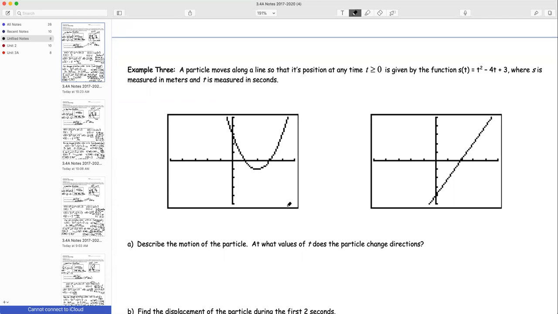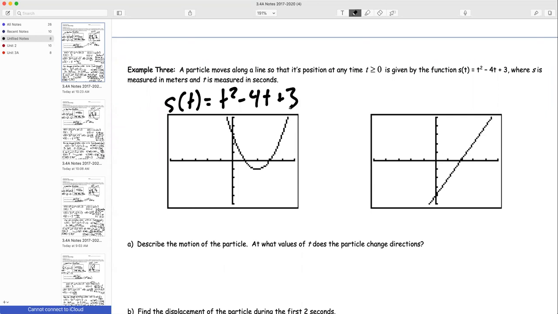Okay, so I have 2 graphs here. Which one is my position? The one on the left, because it's my parabola. So I've got t squared minus 4t plus 3.